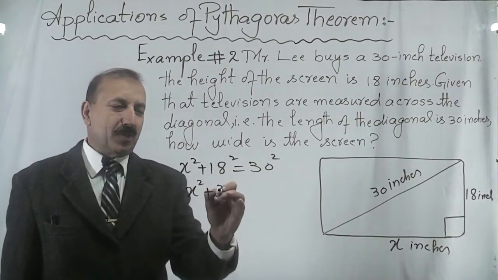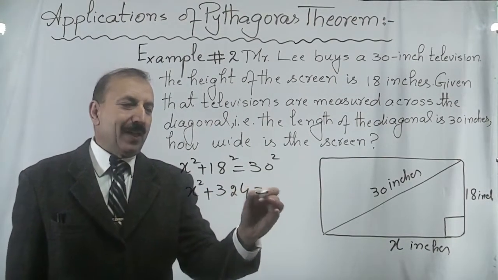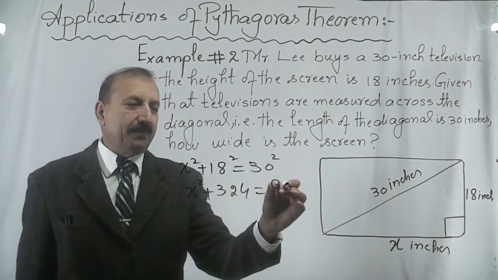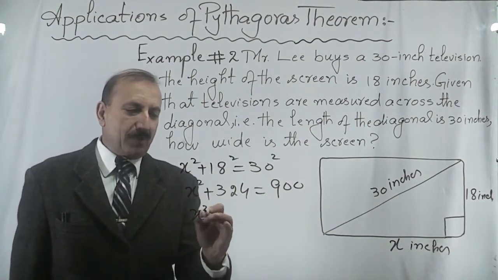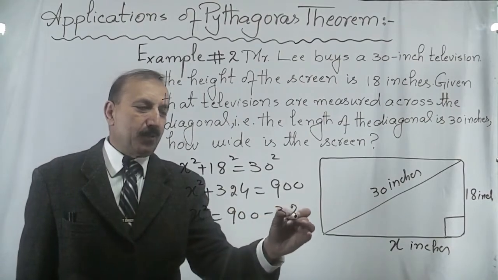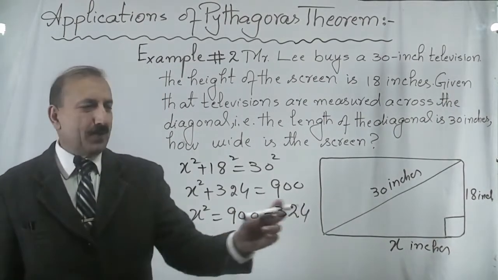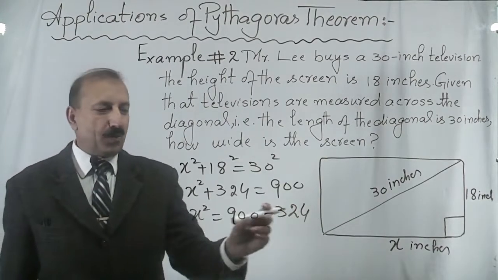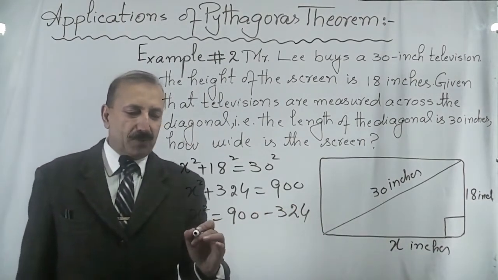18 square is 324 and 30 square is 900. So x square will be equal to 900 minus 324. Now we will subtract this 324 from 900.